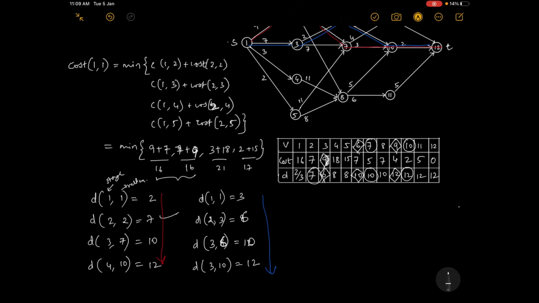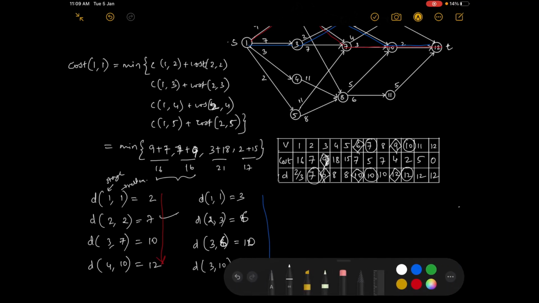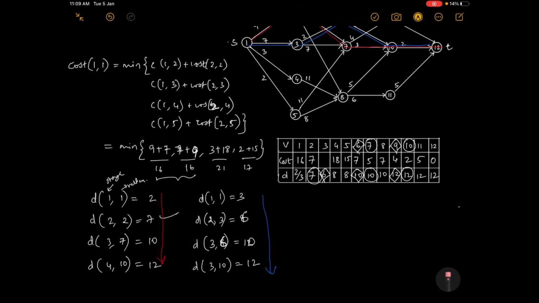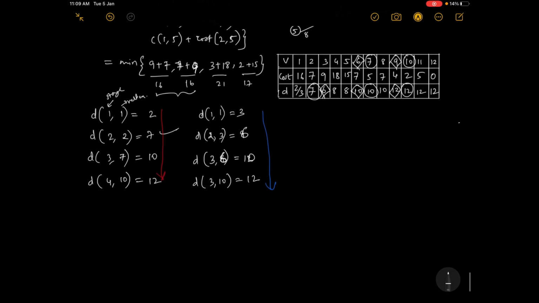Okay, so this is how it is done. I should rub this. So this is 9. So that's it. And we have a formula in the textbook.